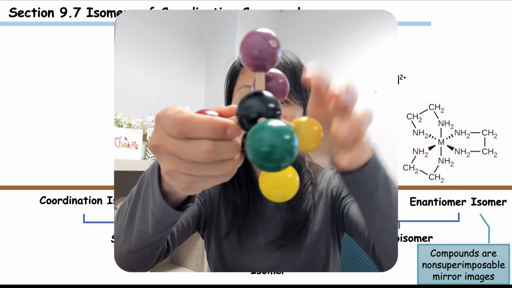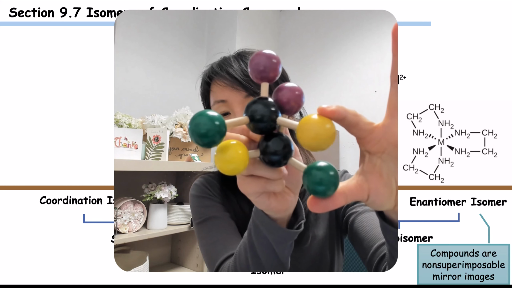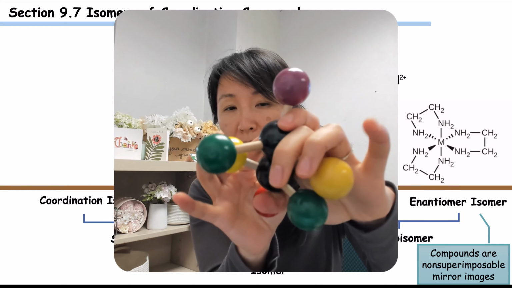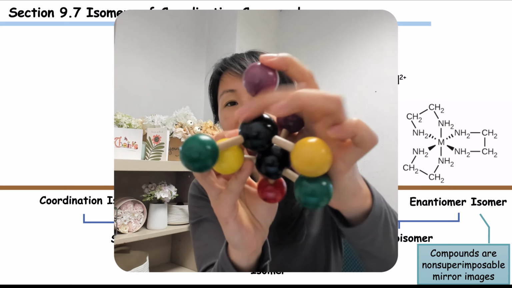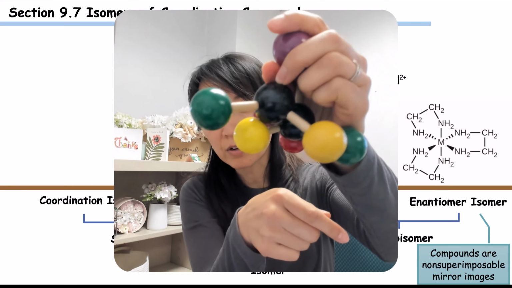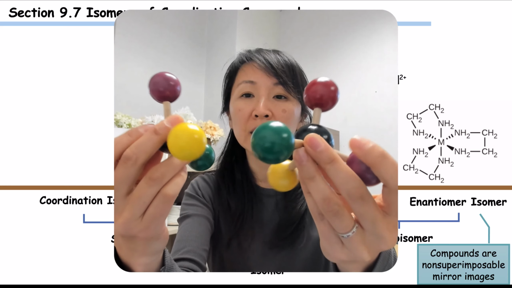But in the back, you will see how the green and the yellow are not lined up, right? You see the green one here, and there's the yellow one here. They're not lined up.